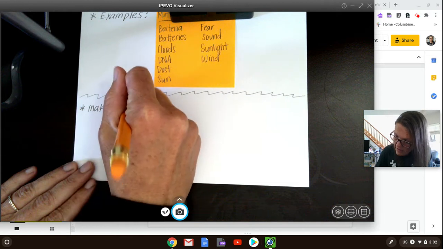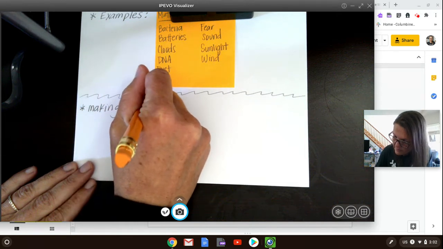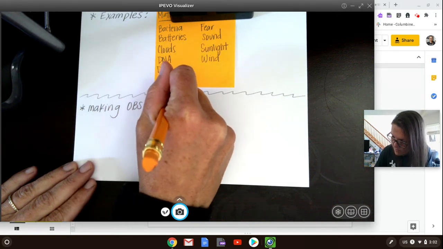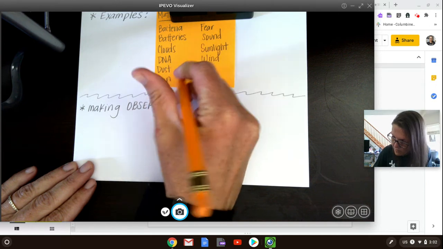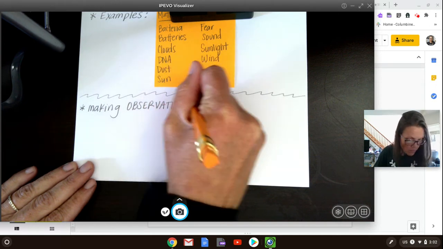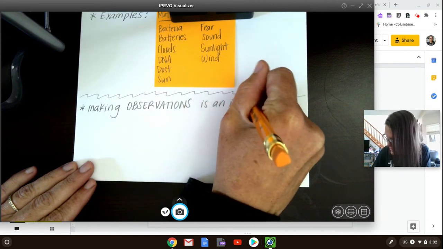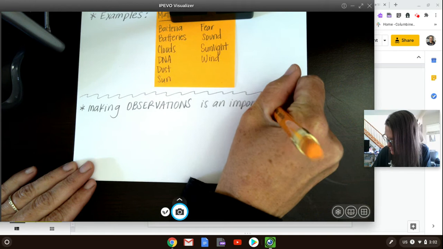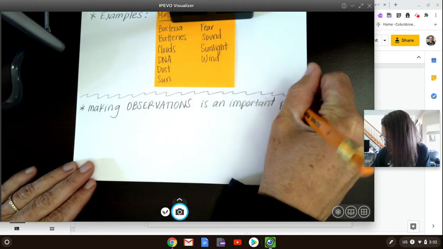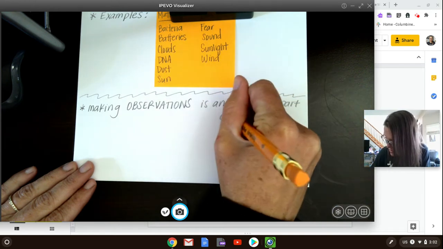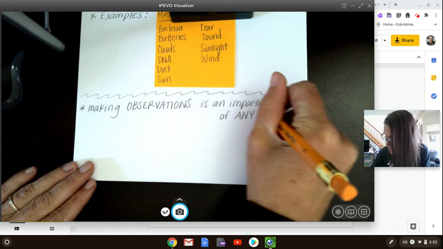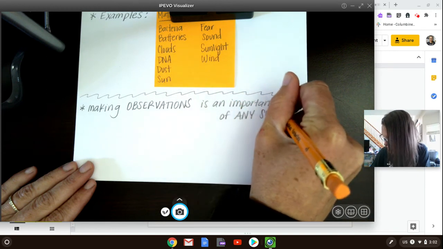So making observations is an important part of science. And it's true for any particular science.